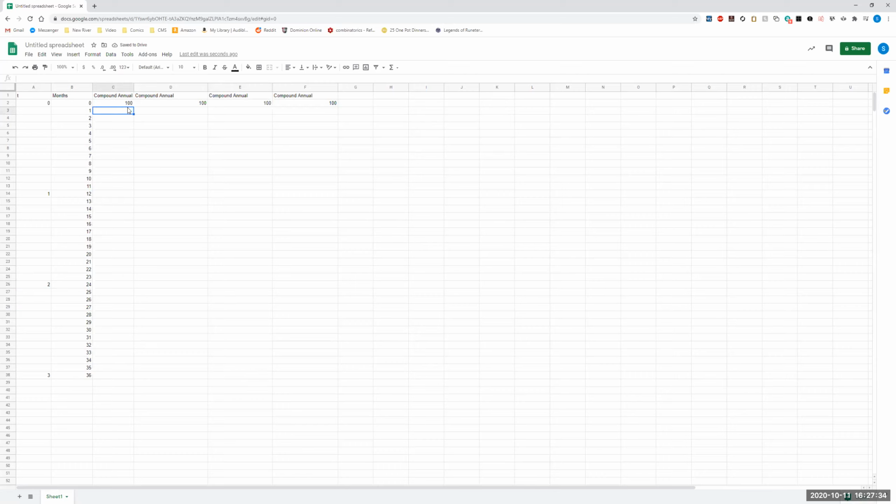So for the compound annually, the idea is that it will stay as $100 for the first 11 months, and then at 12 months, it will multiply by the interest rate. So it will be equal to the initial amount times 1.05, because the original amount adds 5% interest. And then we will stick with that amount until here.